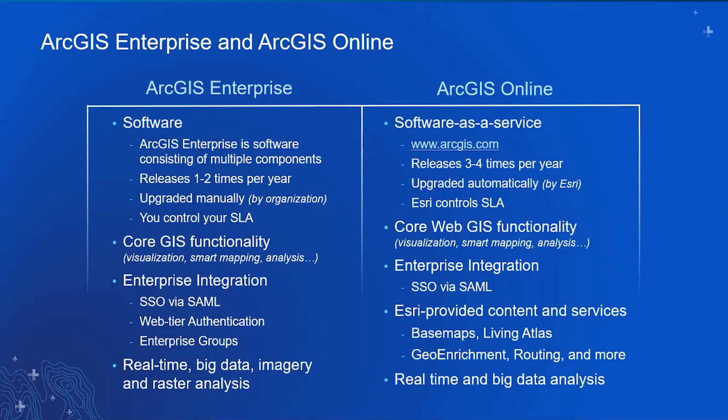And then with ArcGIS Online, that's where you get the provided content and services, such as the base maps, the Living Atlas, the geo-enrichment data, which is those demographic variables that I used in the analysis, as well as the routing service that is used to connect and do the drive time, as well as the geocoding. And both systems have the capabilities to do real-time and big data analysis.